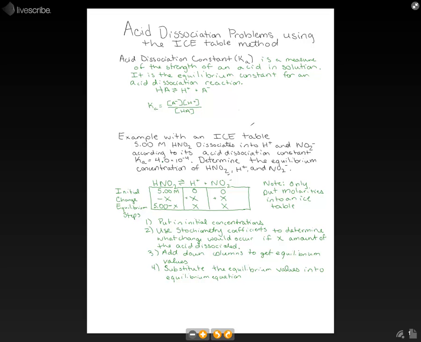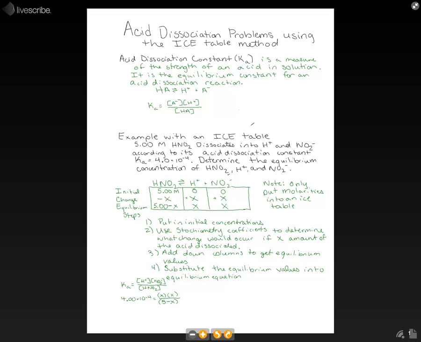So Ka we know. We'll write that symbolically real quick: our H plus concentration and our NO2 minus concentration, all over the HNO2 concentration. So when we substitute, we have 4.00 times 10 to the negative 4 equals X times X divided by 5 minus X.